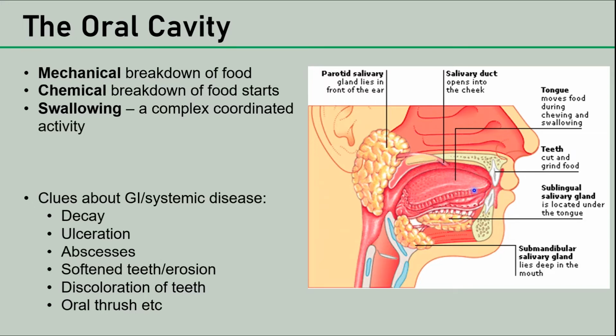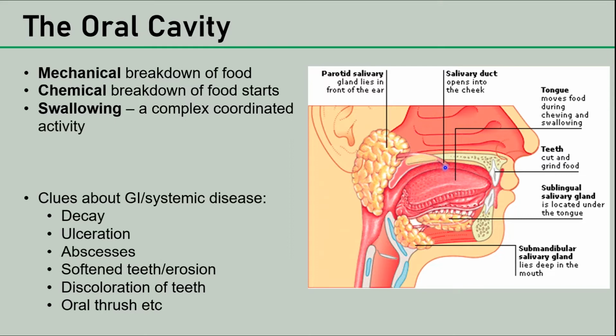But we also have chemical breakdown of food. So that begins from the salivary glands. So we have the parotid, we have the submandibular, and we have the sublingual salivary glands. And these release enzymes within the saliva. Particularly, they release amylase. So amylase is important for the digestion of carbohydrates.